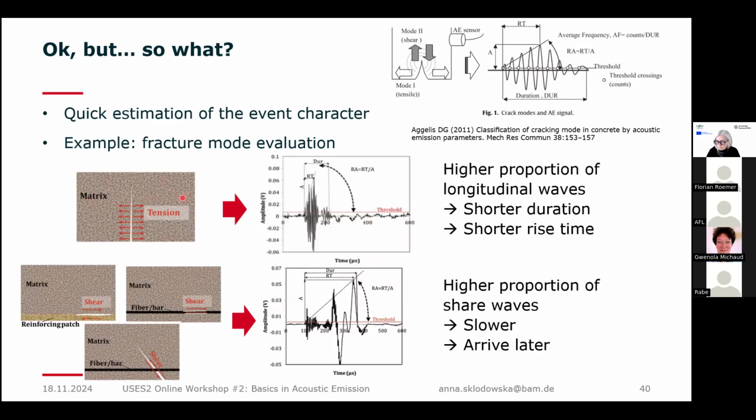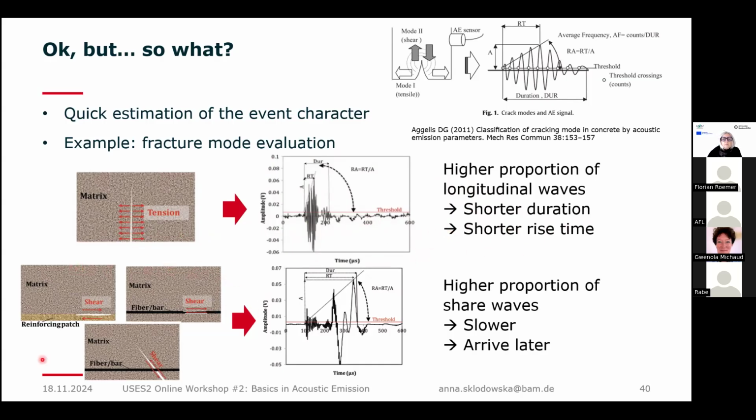In the top row, we have the idea of a tensile crack, which is a case of a normal crack due to bending. There are a lot of studies trying to identify certain parameters that characterize this kind of fracture, and in a very simplified way, tensile cracks have a higher proportion of longitudinal waves, meaning that they have a shorter duration and shorter rise time.